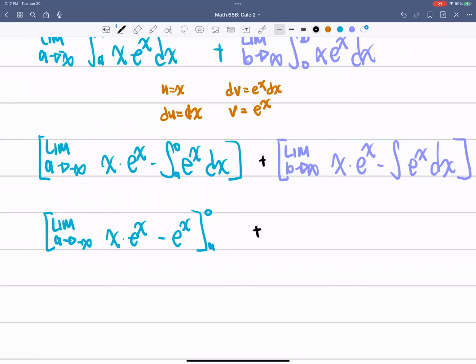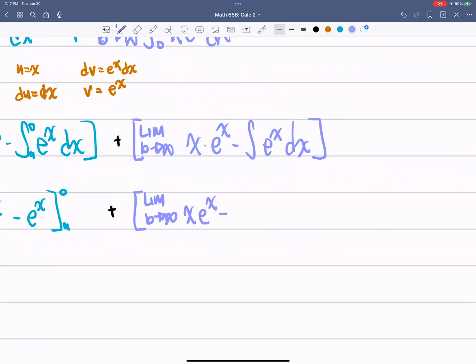Plus, let's get this one done: the limit as b approaches infinity of x e to the x minus the integral of e to the x, which is e to the x, from 0 to b.